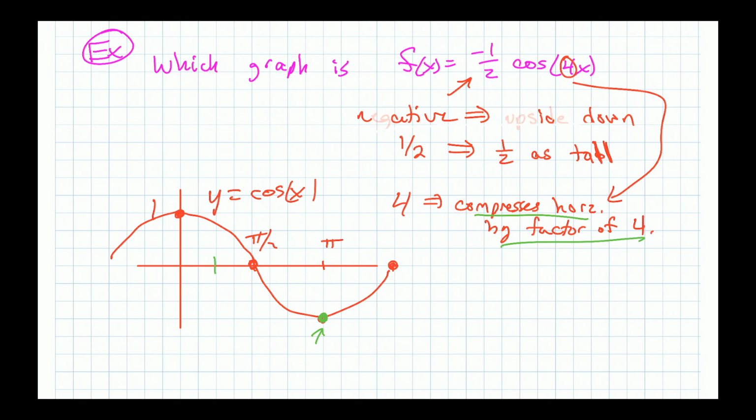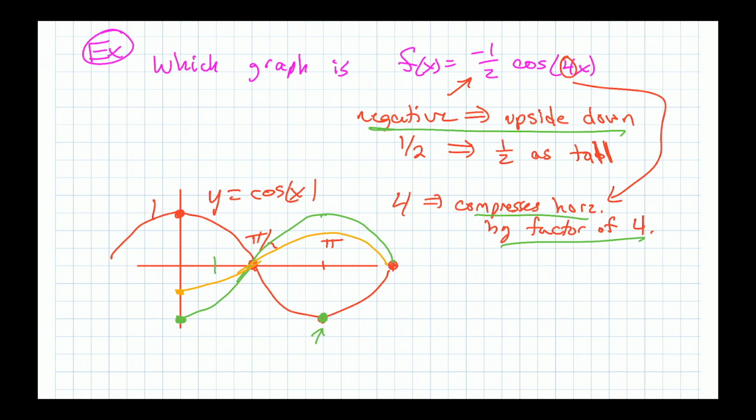So it's negative. I just erased that. So it's negative, so it's upside down. So instead of looking like it looks, it's like this. That's the upside down part. But then it's half as tall. So if it's half as tall, then it would actually be like this.